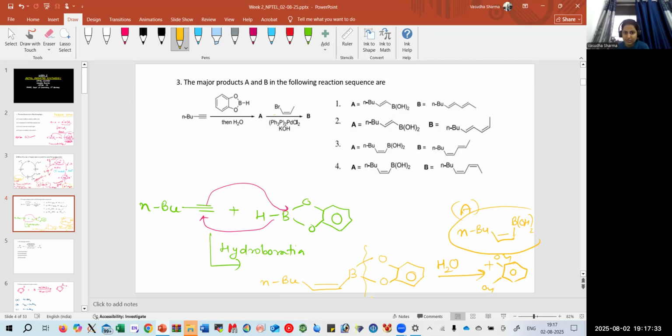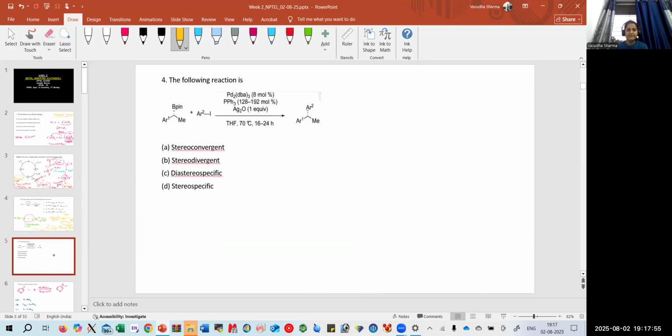It has to form a bond with this one. There are three carbons, so 1, 2 and 3. It will then again maintain its symmetry, forming option 4. So option 4 is correct, which will give you this product. So I hope this is clear.